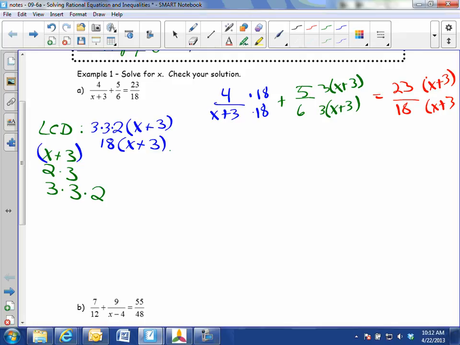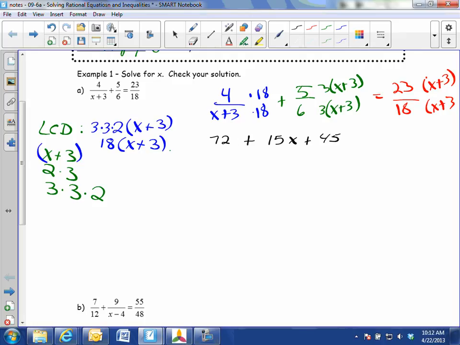What is 4 times 18? 72. Then 5 times 3 is 15x, and then 15 times 3 gets us 45.